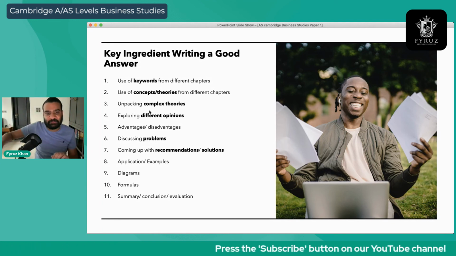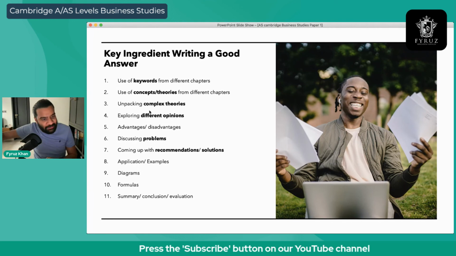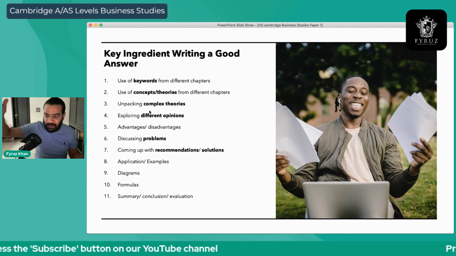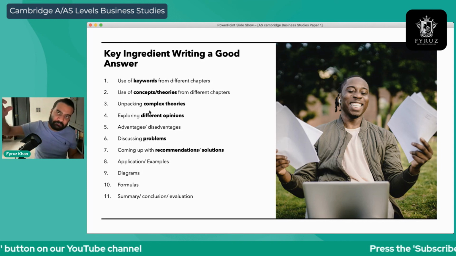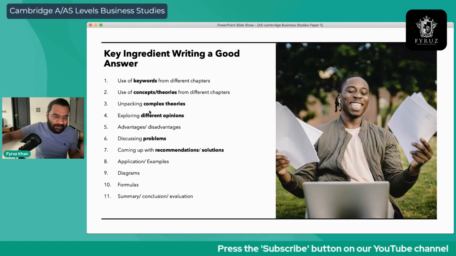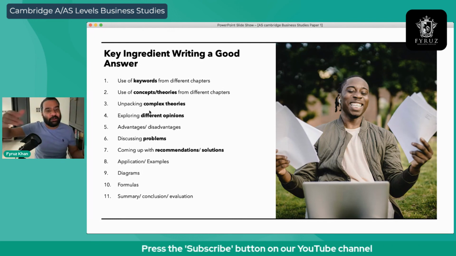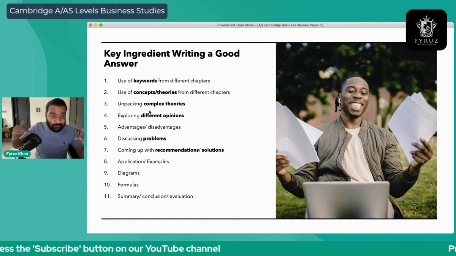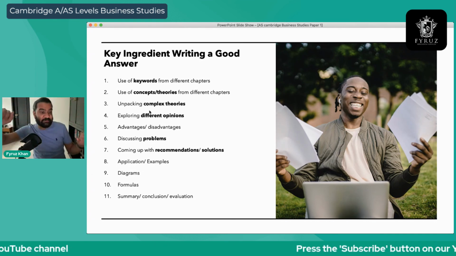If you talk about something, how, why, when, all those concepts and theories have to come. Like job enlargement and job satisfaction and training and Maslow's theory. All those theories need to come, and then you need to unpack them and talk about them, explore different opinions that this person has said.